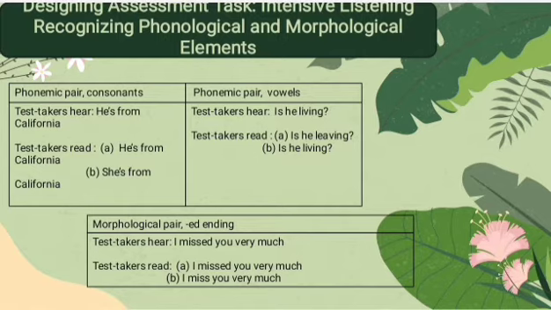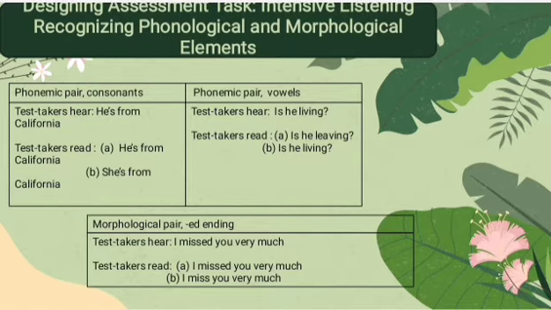Okay, let's take a look at the slide. There is an example of recognizing phonological and morphological elements. The first table is phonemic pair consonants and phonemic pair vowels.